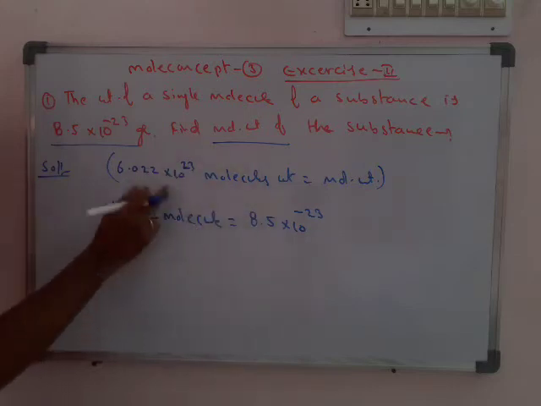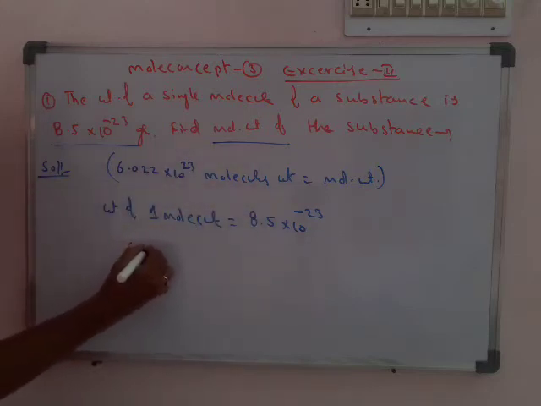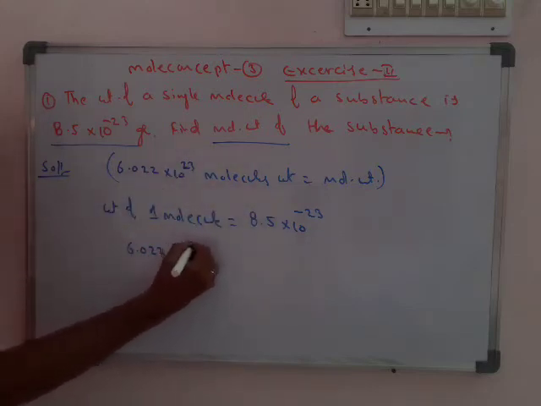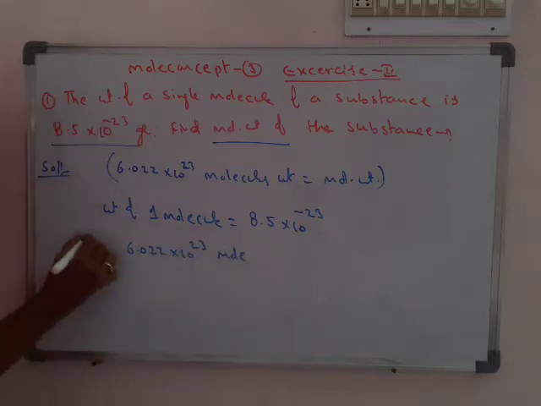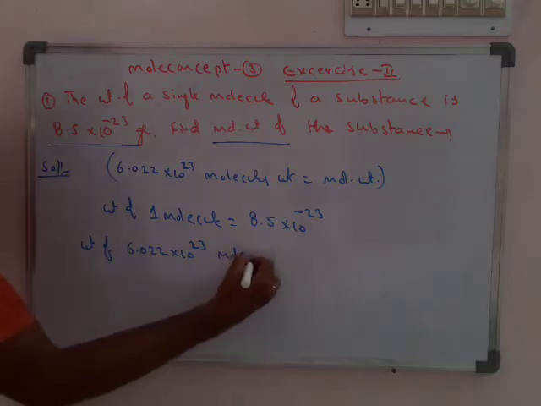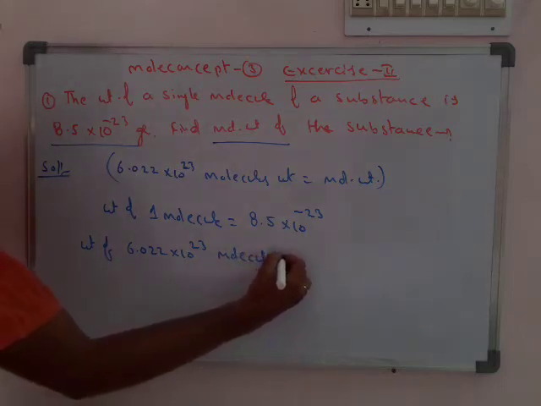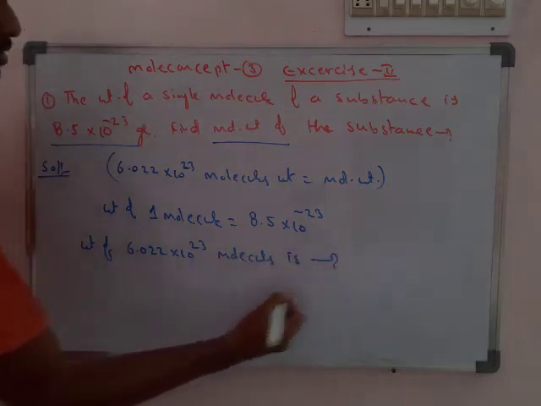To find the molecular weight, we have to find the weight of 6.022 into 10 power 23 molecules.